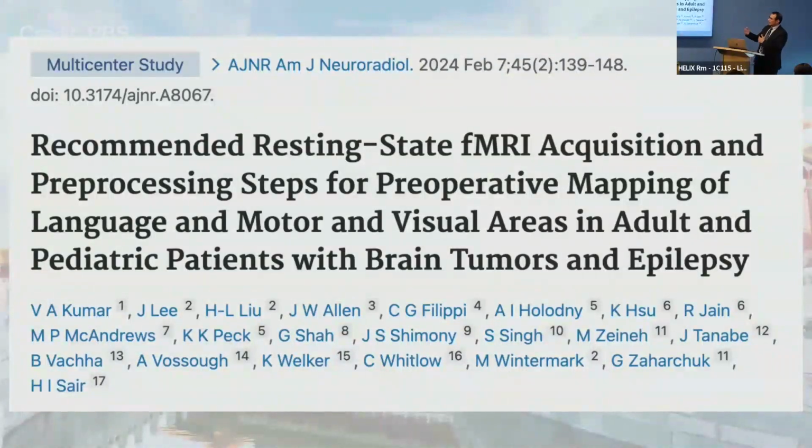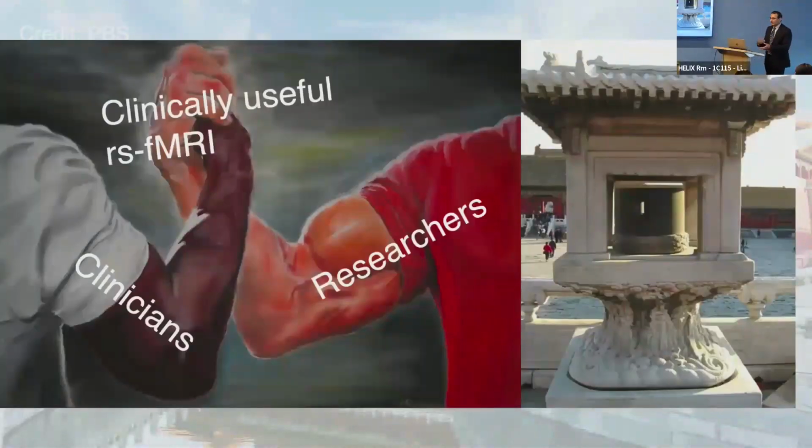And so this is an article that came out relatively recently. If you wanted to do resting state fMRI for language motor mapping for patients with brain tumors, then here are some parameters that we could suggest. But for resting state fMRI to be clinically useful, the clinicians need to pair up with researchers to come up with the standardization and techniques to make it easier for people to analyze and interpret the data.